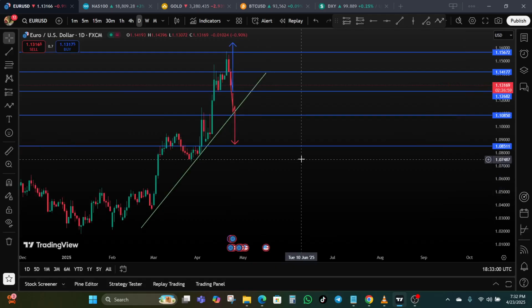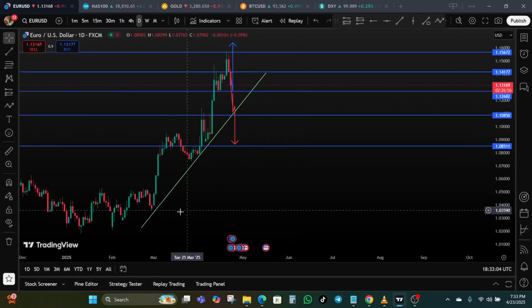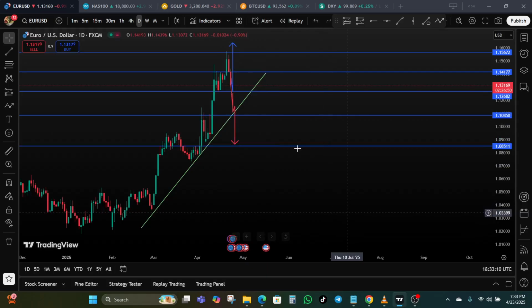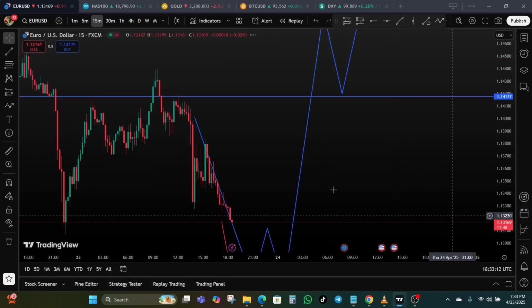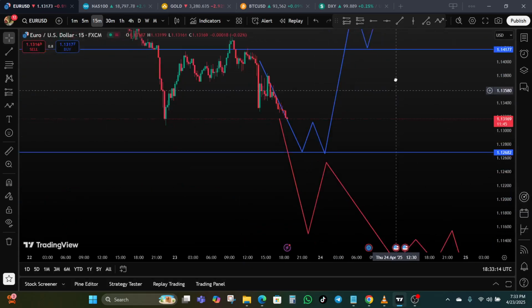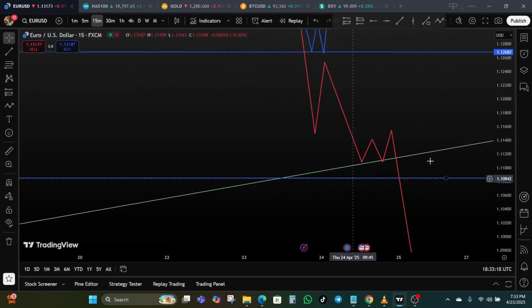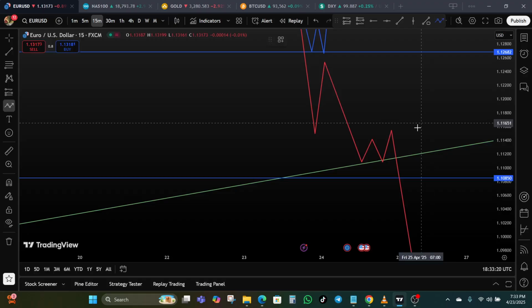So basically, this is analysis of market structure. If this daily trend line should be broken, it means that we are likely looking at a trend reversal. But if the support of that daily trend line should hold, then we might have a continuation back to the upside.